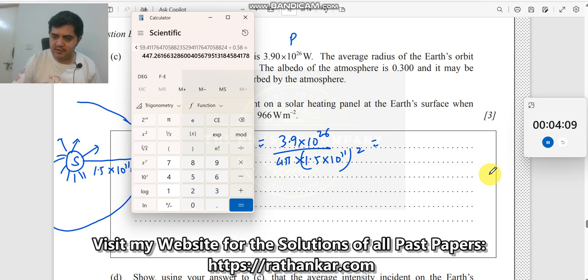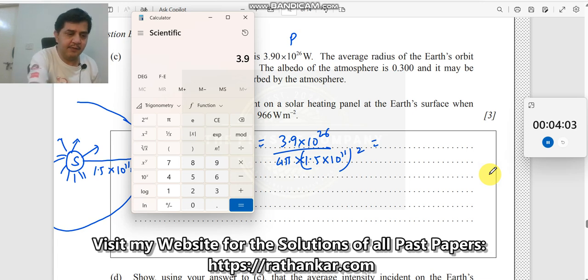So I'll do one thing. First I'll find the denominator, then I'll go for the numerator. 4 times 3.14 times 1.5 times 1.5. I get some value, 28.26.